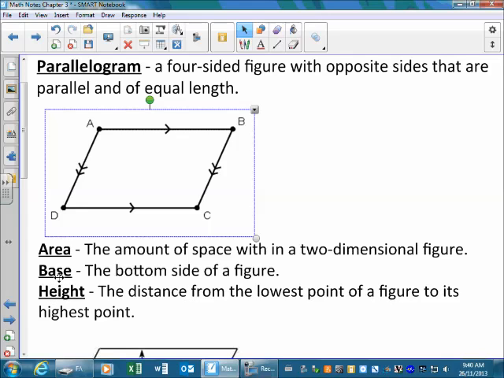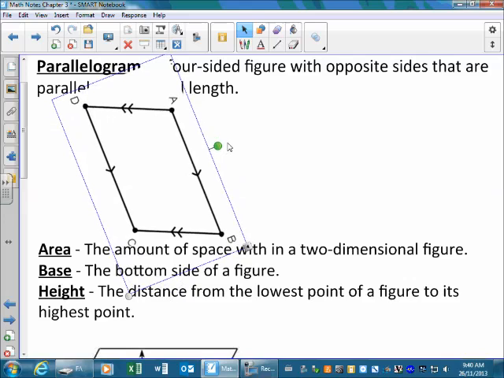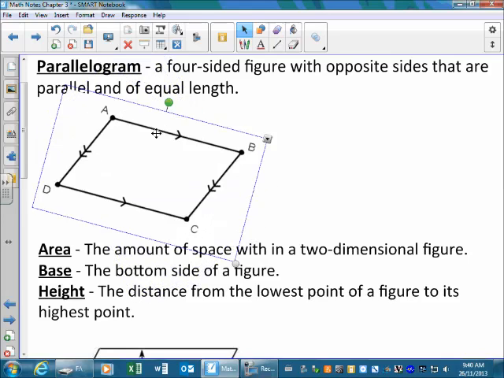So the base is the bottom side of a figure. So that's this right here. Now, if this figure was in a different orientation, let's say it was like that, then this would be our base. It doesn't change anything; your measurement would be exactly the same.